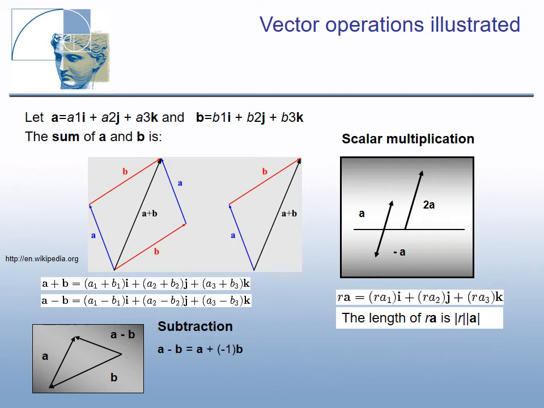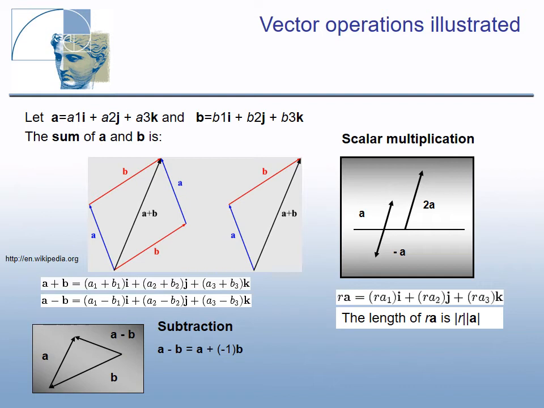Subtraction of two vectors can be geometrically defined as follows. To subtract B from A, place the start of A and B at the same point, and then draw an arrow from the top of B to the top of A. That arrow represents the vector A minus B, as illustrated below.